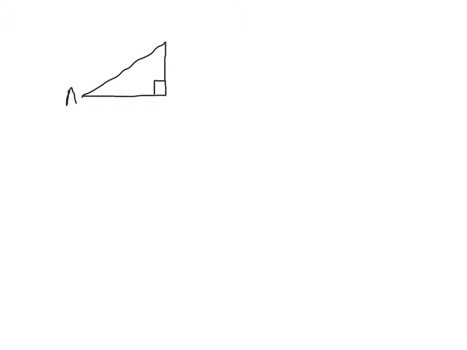The angles are capital A, capital B, and capital C. And then the sides are going to be lowercase a, lowercase b, and lowercase c. Now, we're going to talk about three basic trigonometric ratios. We refer to them as a ratio, and you'll see why in a second.